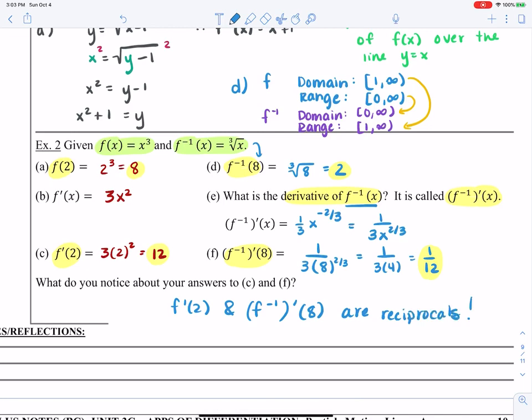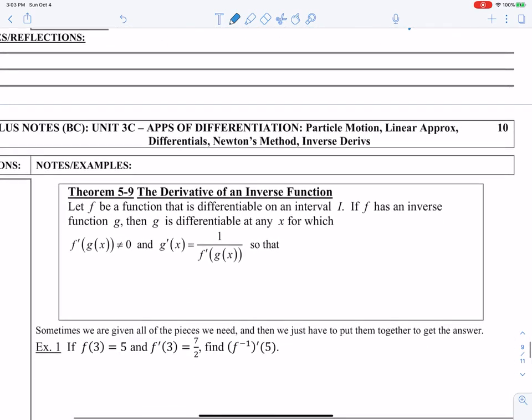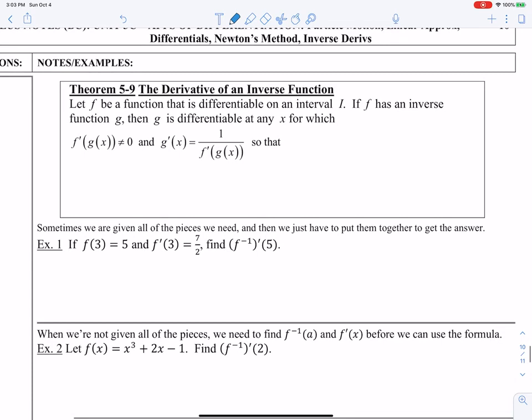So this brings us to a theorem, the derivative of an inverse function. Let f be a function that is differentiable on an interval I. If f has an inverse function, which we'll call g, then g is differentiable at any x, and g prime is such that it will be 1 over f prime of g of x.